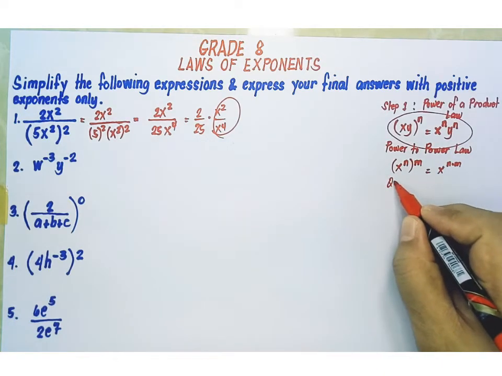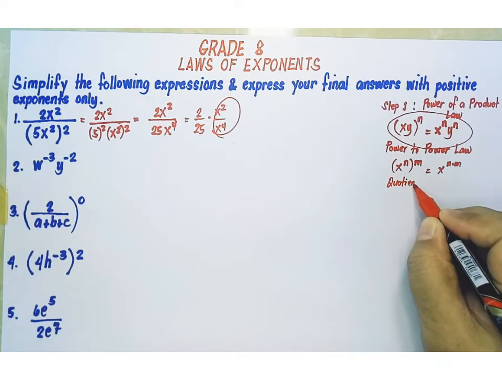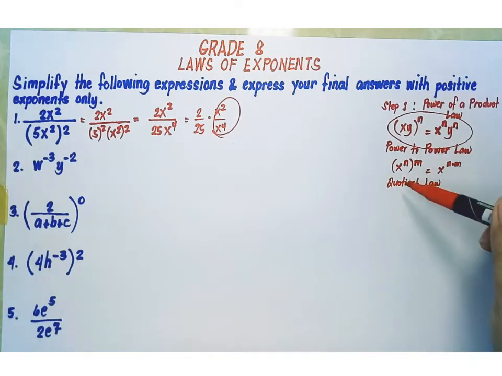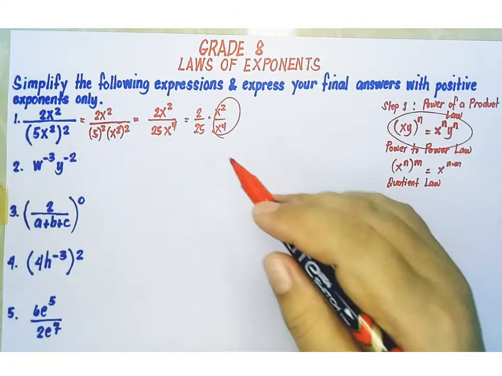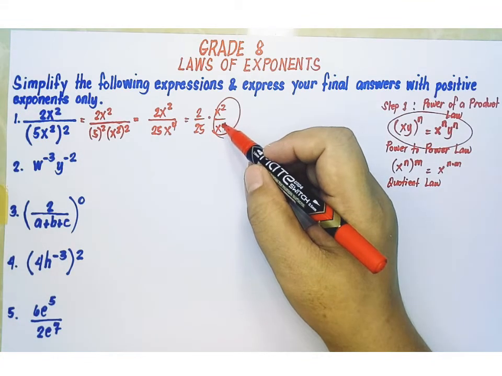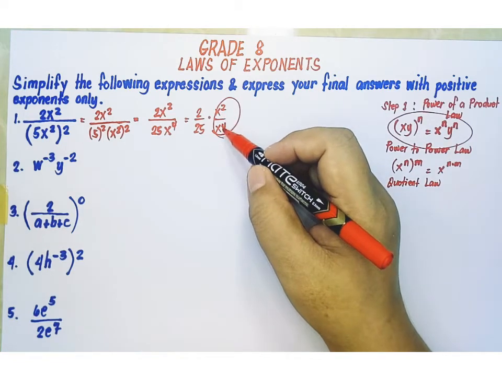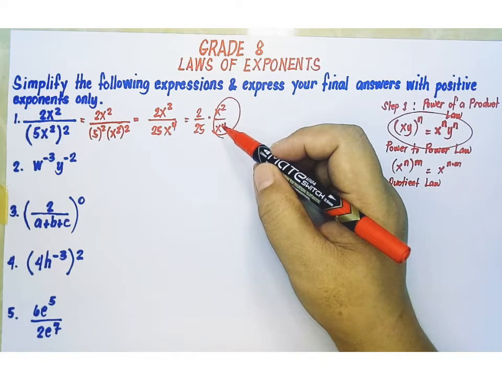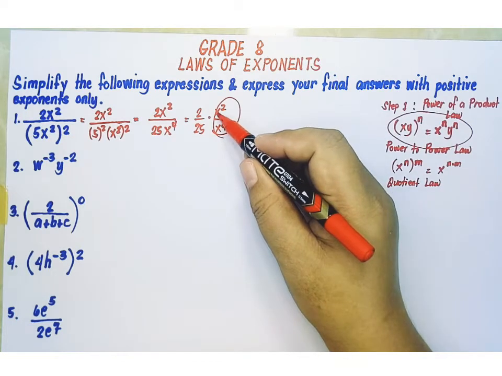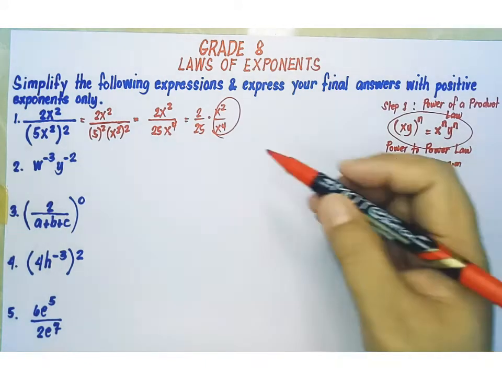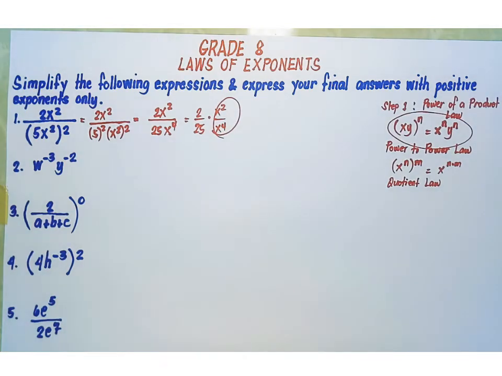Ano naman yung quotient law? When do you use the quotient law to simplify an expression? Quotient is the answer in division. So you use it when you are dividing two exponential terms with the same base. With the same base. Tandaan nyo na. So, kailangan pareho ang base para magamit mo ang quotient law. Of course, kung hindi the same ang base, you cannot use the quotient law.